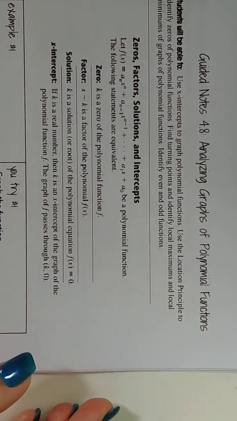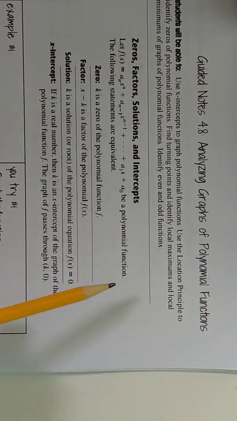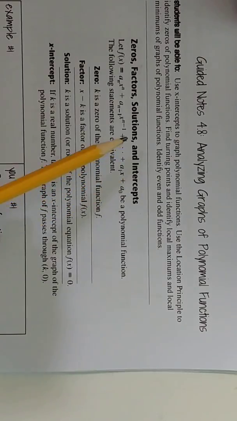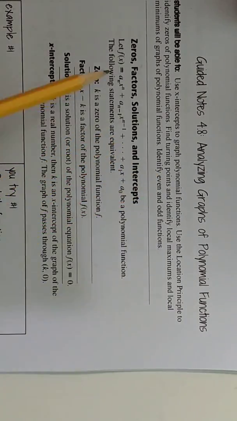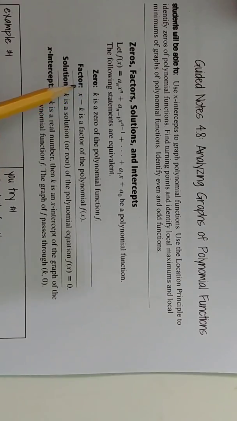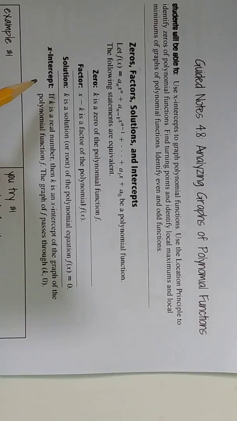Anyway, the top of these guided notes, this section here is kind of neat because it really gives a good sense of the difference between a zero, a factor, a solution, and an x-intercept. And I shouldn't really say that they're different necessarily, but they're also related and similar, and the context in which we might use one word instead of the other changes.